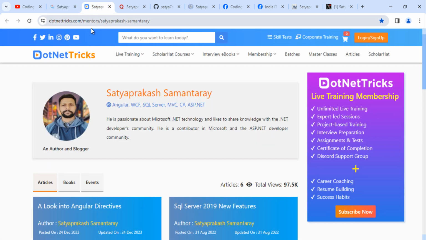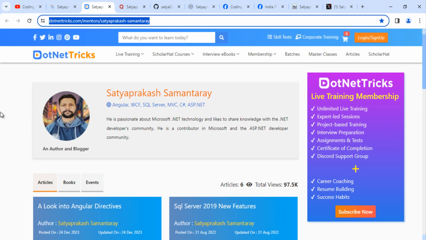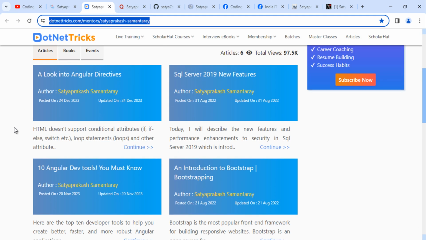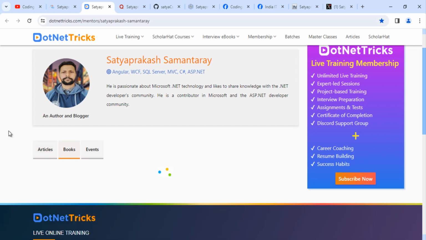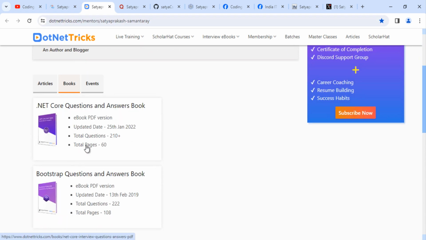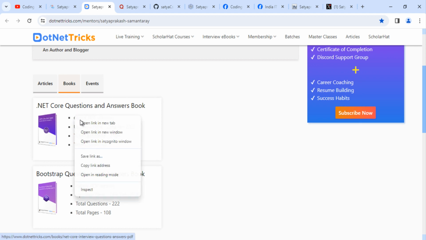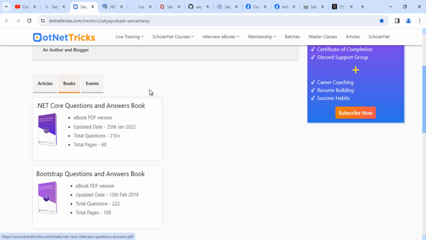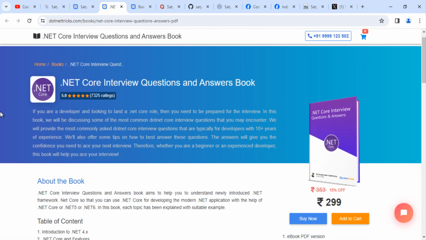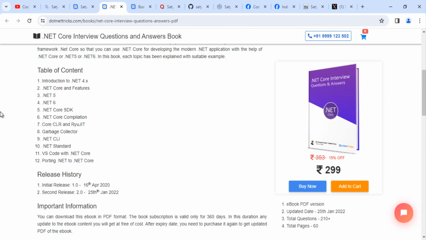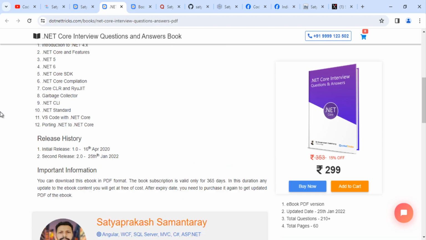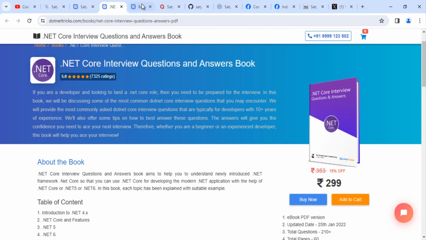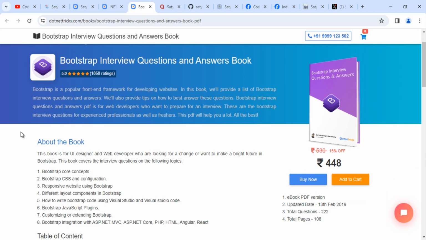The third one is .NET Tricks. In .NET Tricks, under the article section, I have written some articles. I also have some ebooks. If you click on the ebooks, you can get the ebooks I have written, related to .NET Core and Bootstrap. If you right click on these ebooks, you can get an offer on them.